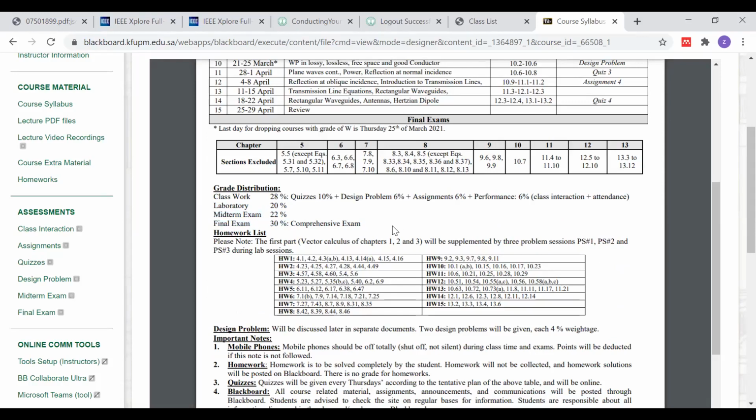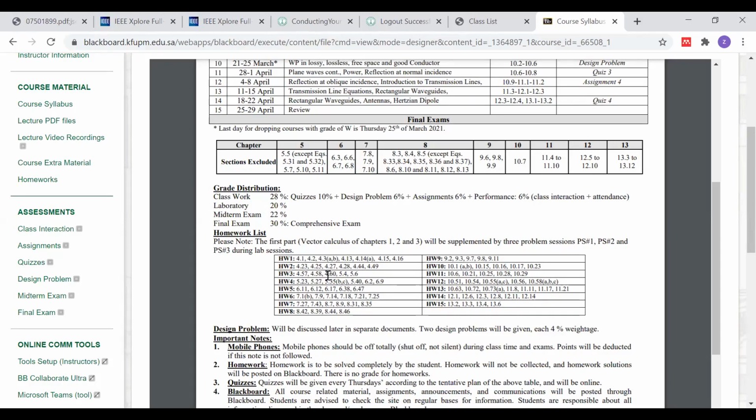We will update you as the situation progresses about the midterm exam. And also, if we are reverting back to a virtual platform to conduct the midterm and the final exam, then there is a possibility that we might alter the grade distribution. So we will update you accordingly.